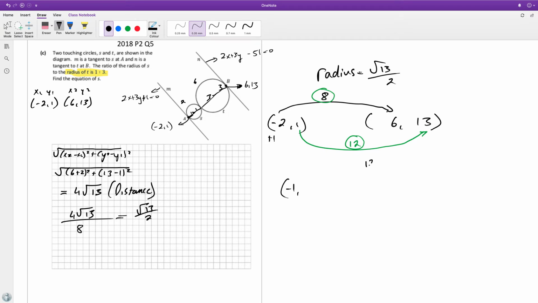So 12 multiplied by what? Probably 1 over 8. This is moving forward 1 over 8. 12 multiplied by 1 over 8 is 3 over 2. Add 3 over 2 onto 1, and we get 5 over 2.